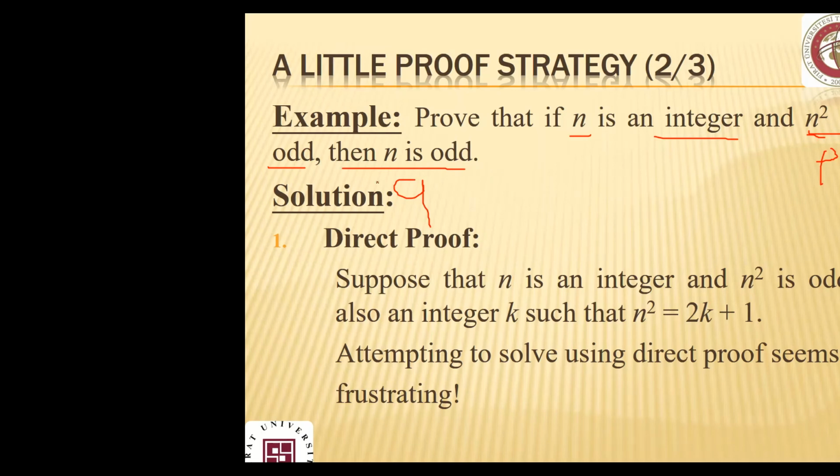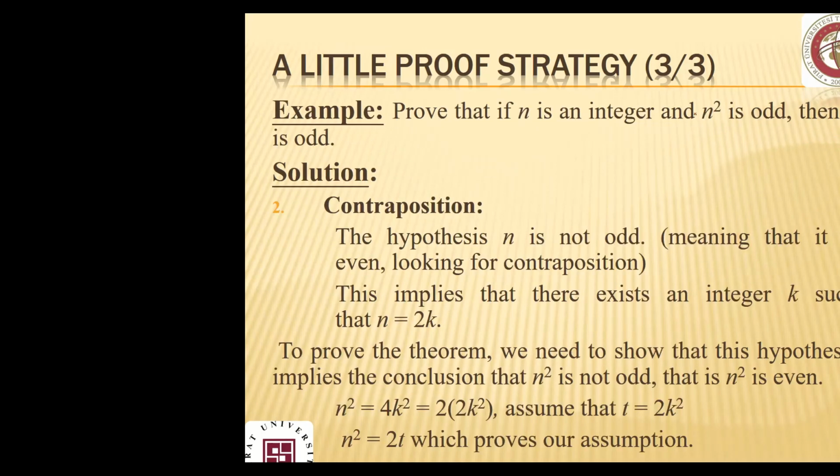So if we assume that we have an even number n, then its square is also even. How can we do it? You can substitute n by 2k and assume that this is true. So n is even equals 2k.